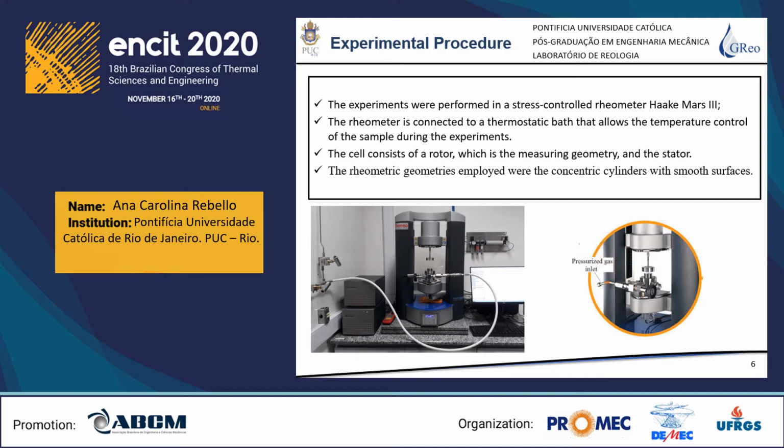The rheometer is connected to a thermostatic bath. The pressure cell was designed to be used with the HAAKE rheometer. The cell consists of a rotor and a stator. The pressure cell contains a needle valve, as can be seen in the figure on the right, which can be closed at any time during testing.